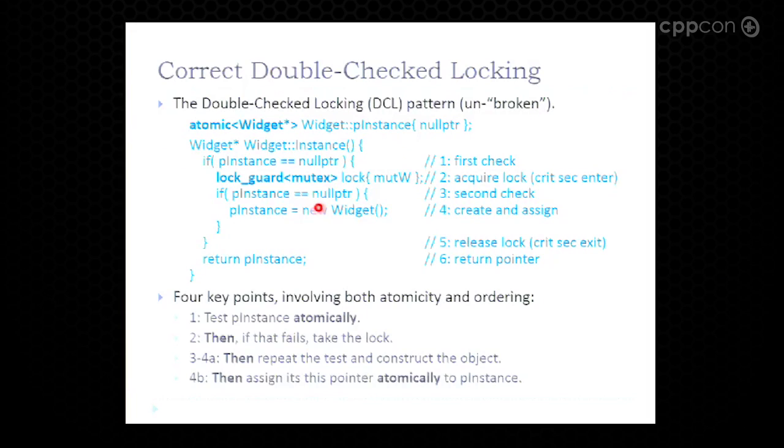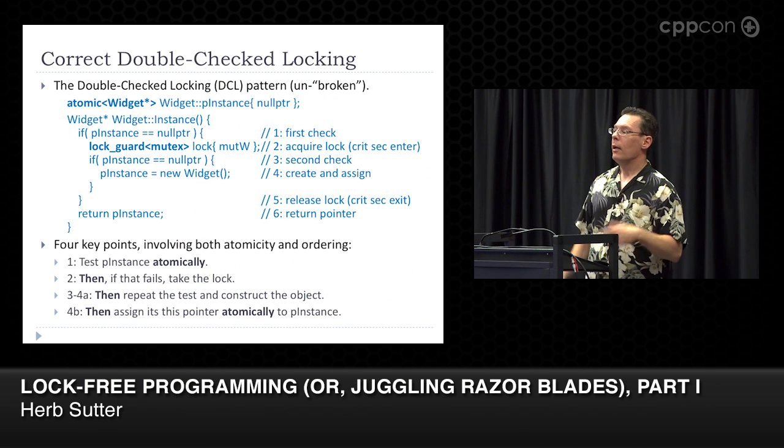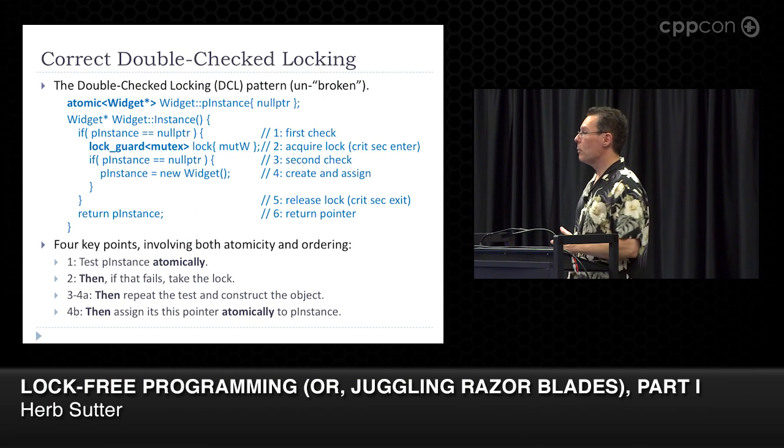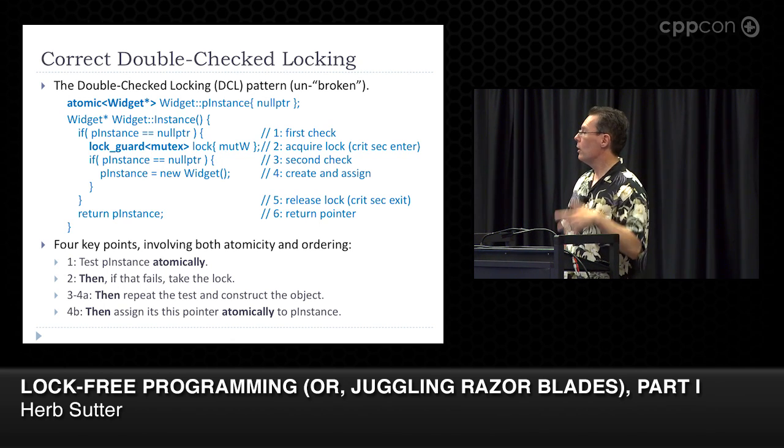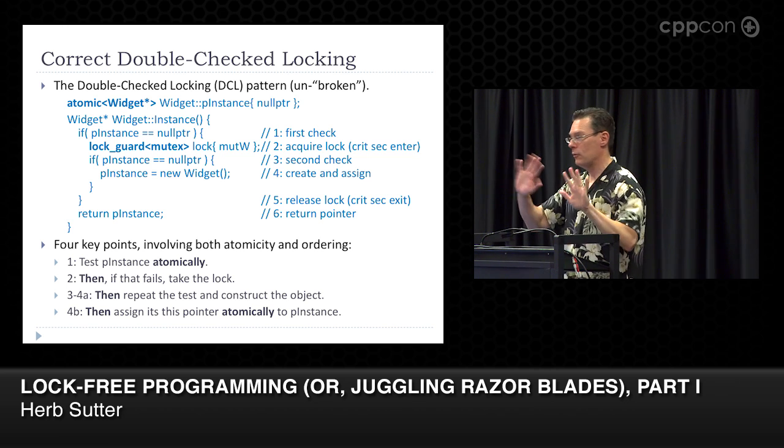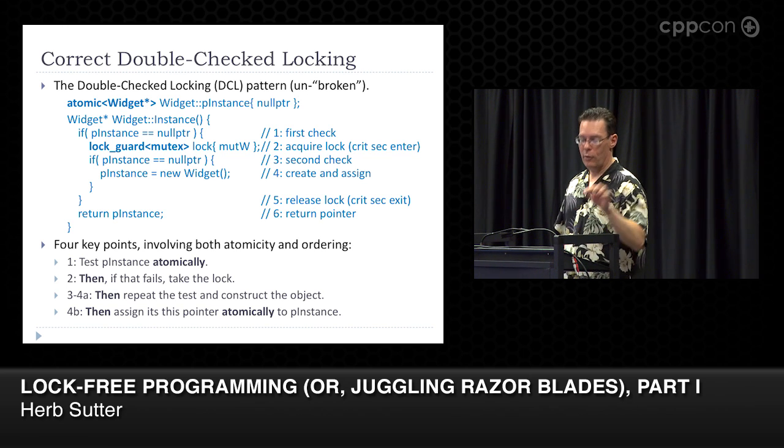We do that, then we release the lock, and we return. So that's a double-checked locking because we read p instance here, and then we read it again here. This is correct as long as p instance is an atomic widget. All the times you heard about double-checked locking being broken was basically about that atomic being missing in C++, or that volatile. In Java, it's called volatile, not like C++ volatile. In Java, volatile being missing there.